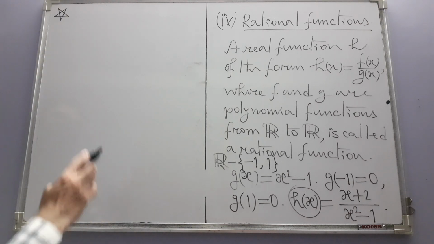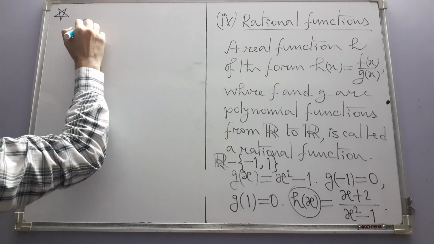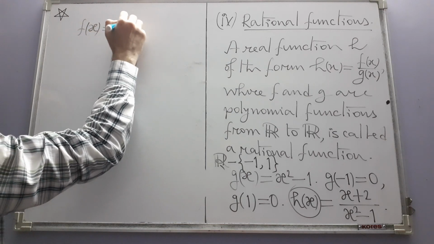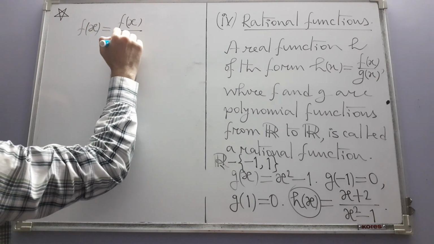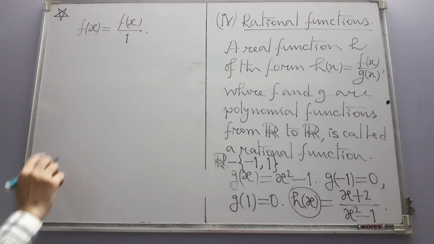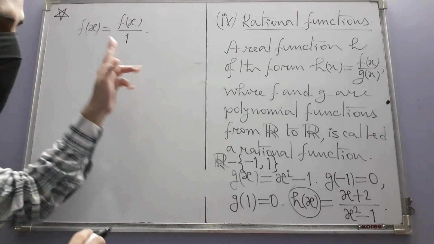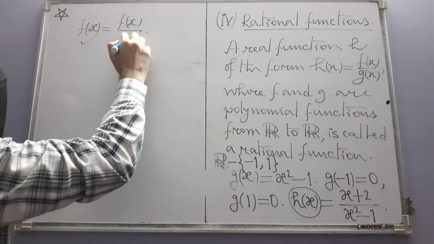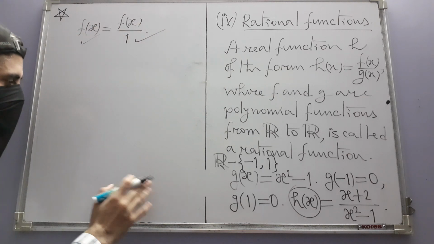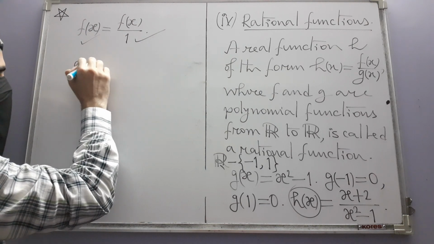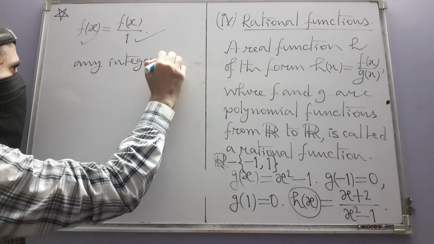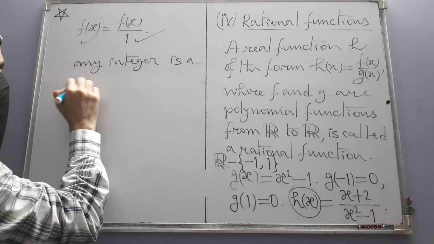That's because if you take any polynomial function, you can write it as polynomial f of x divided by this constant function, which is also a polynomial. And that is why any polynomial function is a rational function, just like any integer is a rational number.